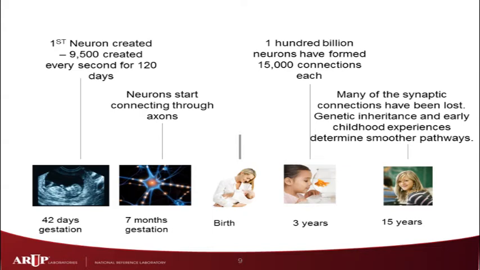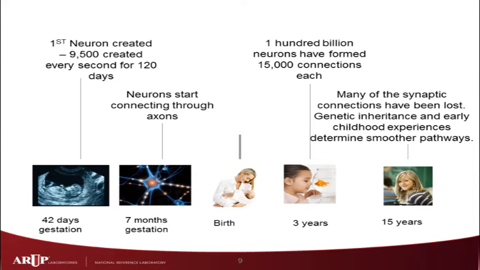It's our genetic inheritance and early childhood experiences that determine smoother pathways. So all those connections that take place, some of those are used over and over, and they become like a well-traveled road.